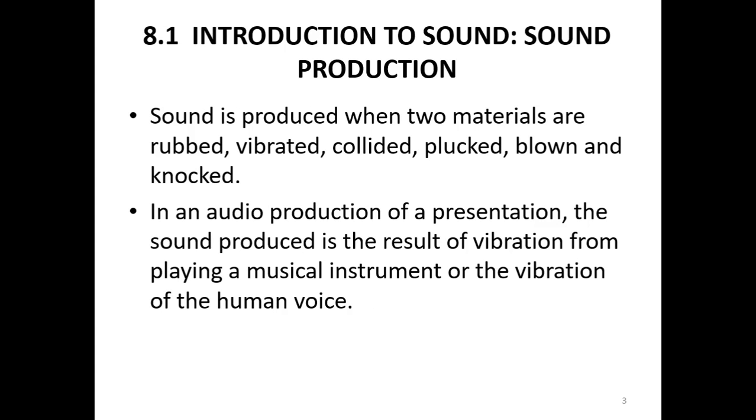First of all, when we talk of the introduction to sound and sound production, we know how sound is created. Sound is produced when two materials are rubbed, vibrated, collided, plucked, blown and knocked. In an audio production, the sound is produced as a result of vibrations from playing a musical instrument or the vibration of the human voice.